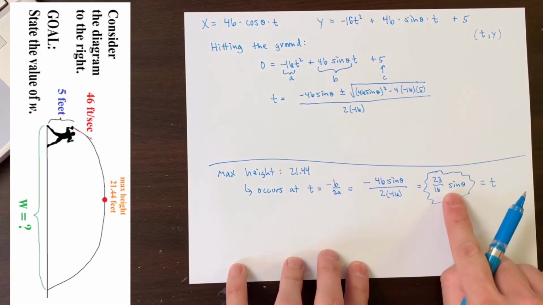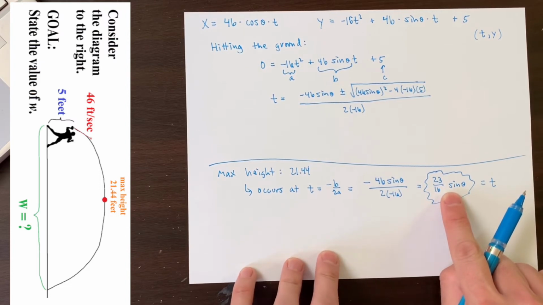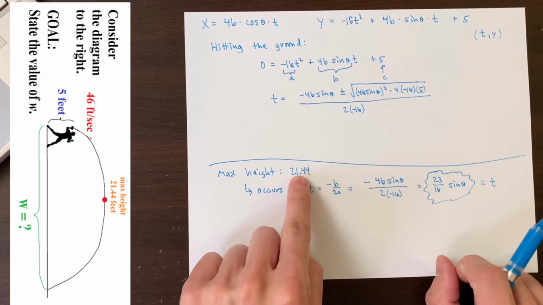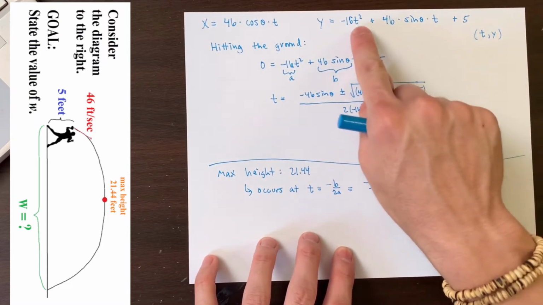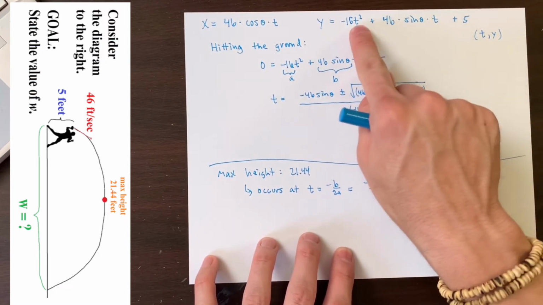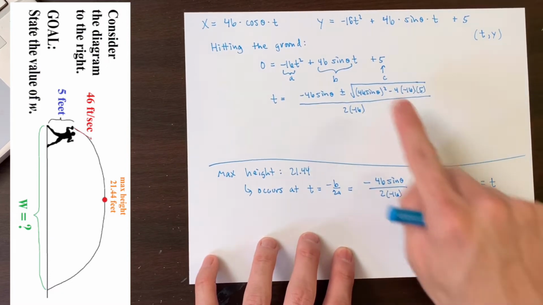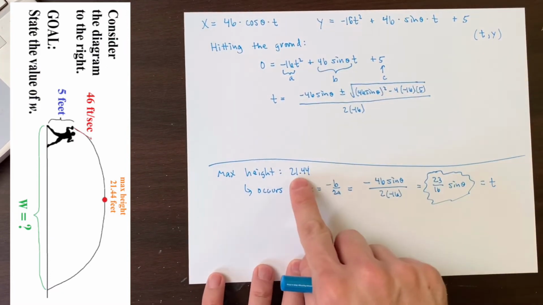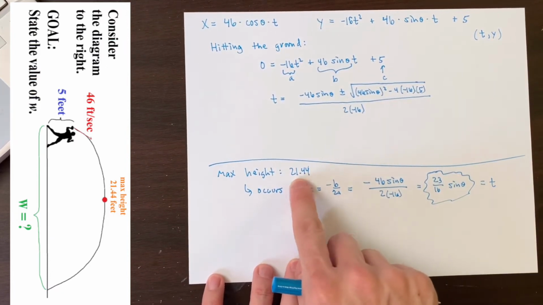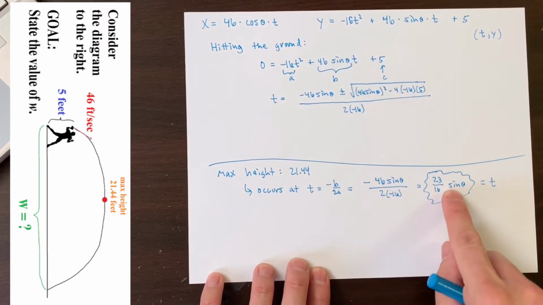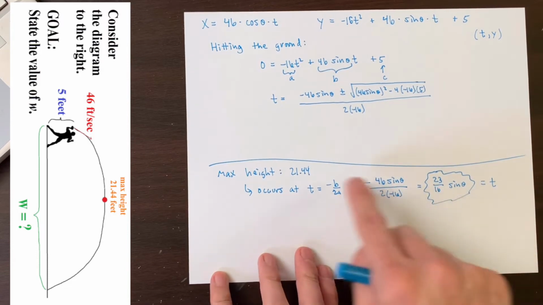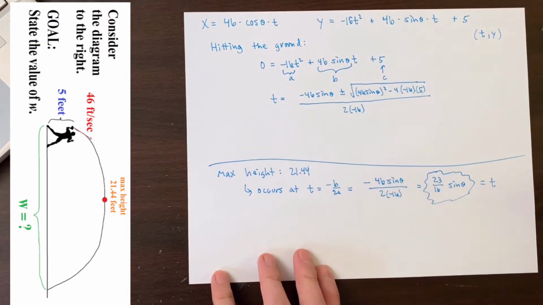So here at this specific time, my height is that. So what I'm going to do is access this function where instead of t, I plug in this. And instead of y, I plug in our maximum height, because our maximum height occurs at this specific time. So let me plug in this and that into that and that.